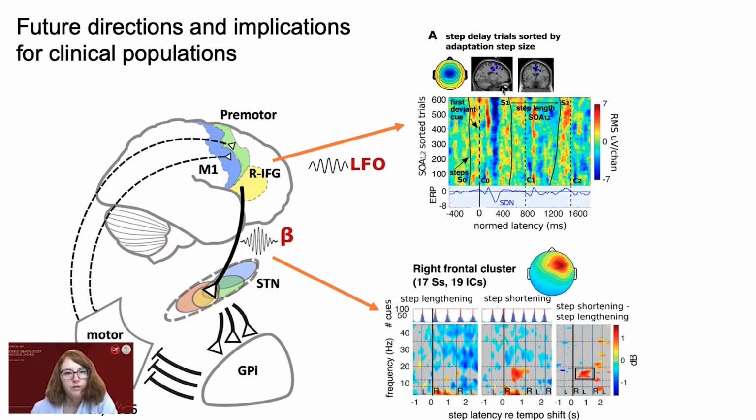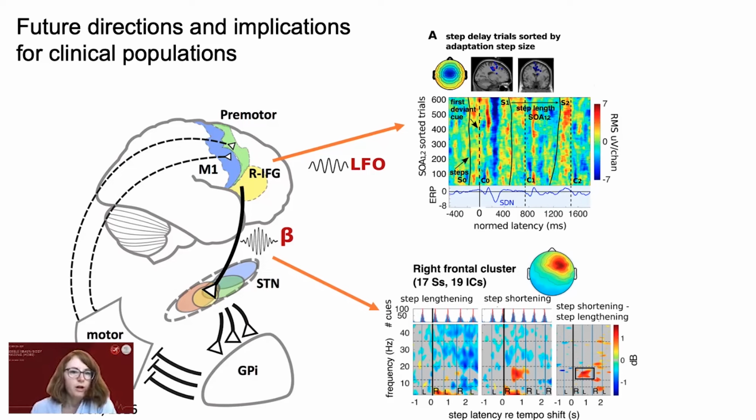The results could also be used. I think the next steps would be to investigate these EEG features in Parkinson's or in other neurologic populations.